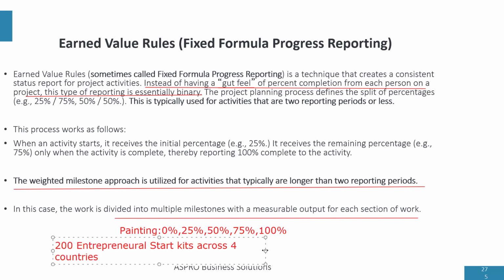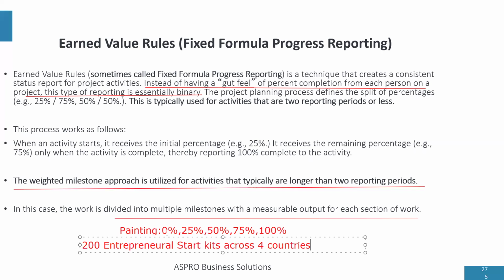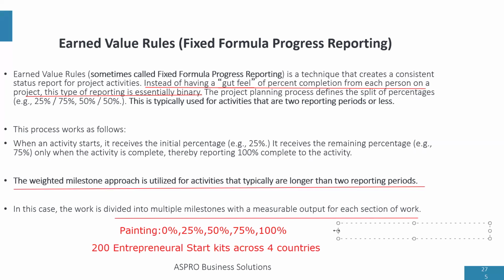Do you know what I did? What I did was I just used the number of deliveries to determine the project completion. So let's say we had delivered 50 kits, right?